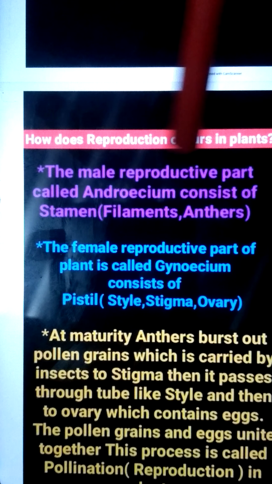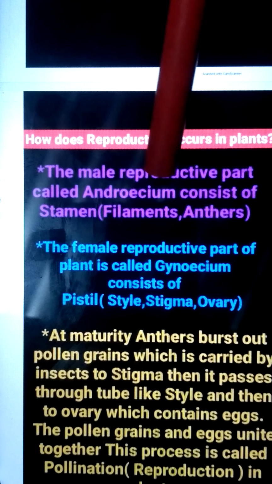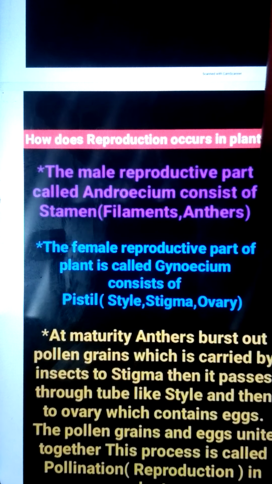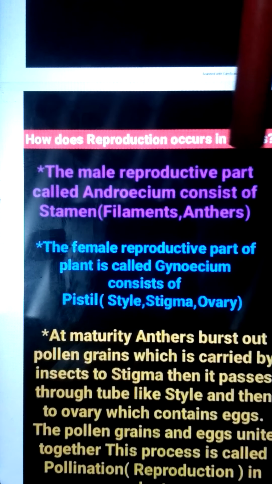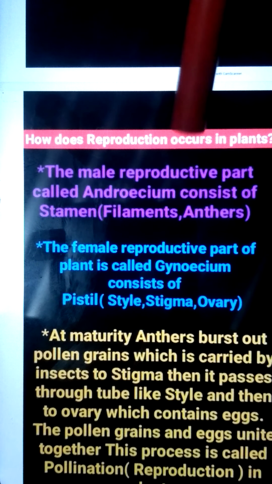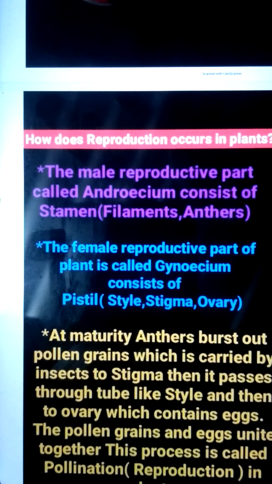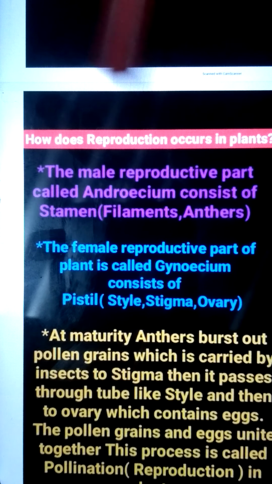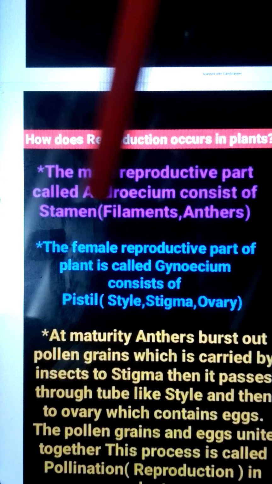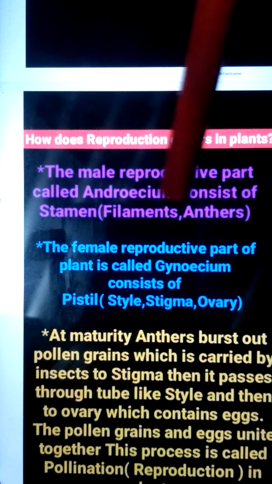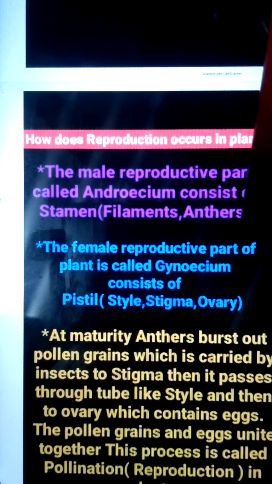The male reproductive part, called androecium, consists of stamens. Stamen is the male part of the flower. The male reproductive part is called what? Androecium. And this androecium consists of stamens, and stamens, you know, consist of filaments and anthers.